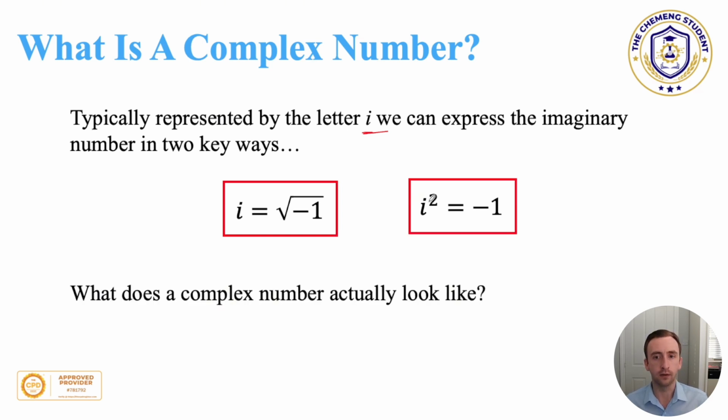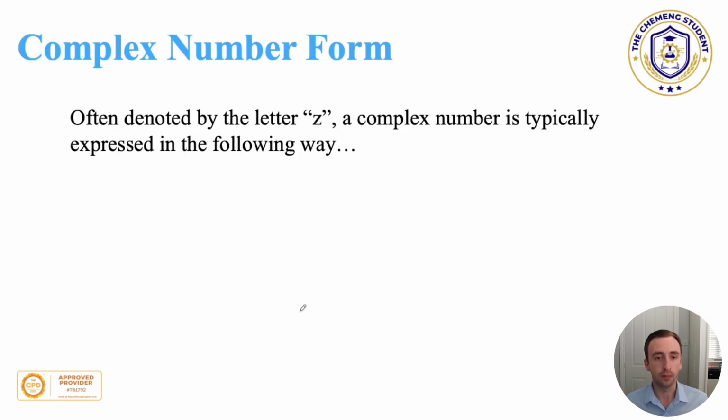Now this is all very well in defining what an imaginary number is and also defining what a real number is. But the question becomes, well, what exactly does a complex number look like? Is it a single value? Is it the composition of both terms? Well, the way that we define a complex number is we usually have it in the form of z. So we say that z is equal to something. And the most typical way that we express a complex number is in this form. So we have z is equal to a plus bi. Now how do we distinguish between the real part and the imaginary part?